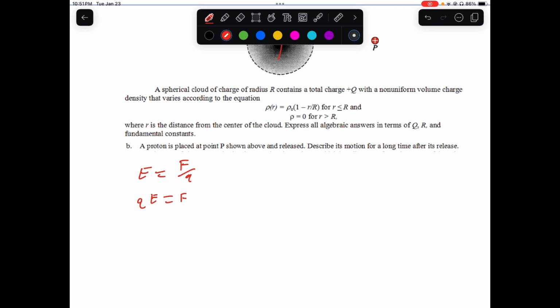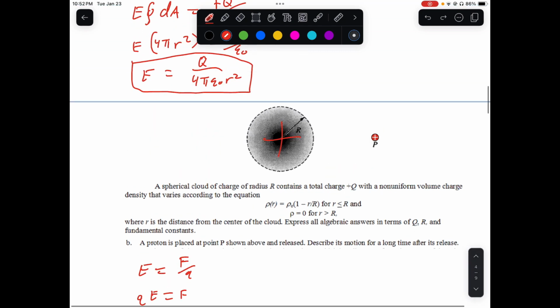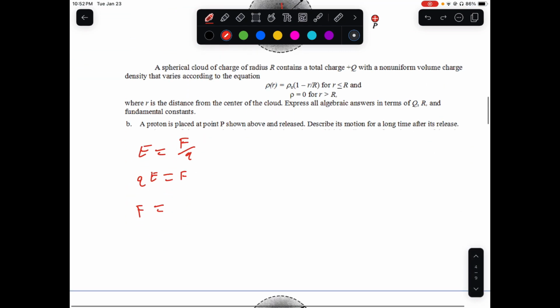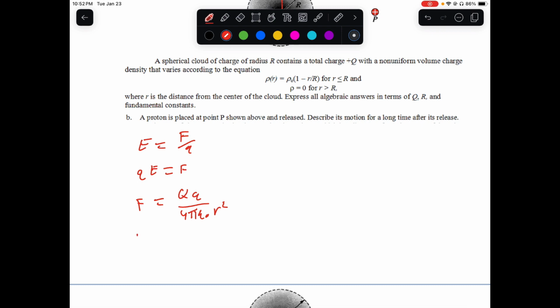If I multiply that by little q, I get big Q times little q over 4 pi epsilon naught r squared. That's just Coulomb's law. Remember, 1 over 4 pi epsilon naught is k, so the force is k times the charge of the cloud, q1, times q2 over r squared.